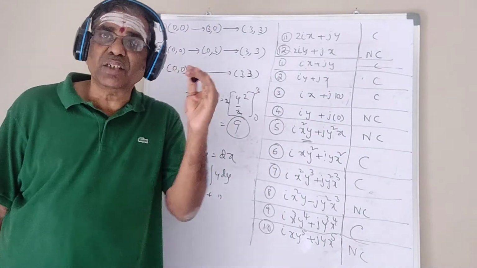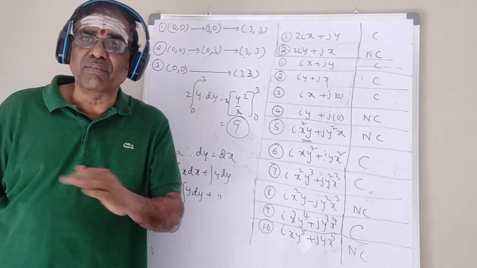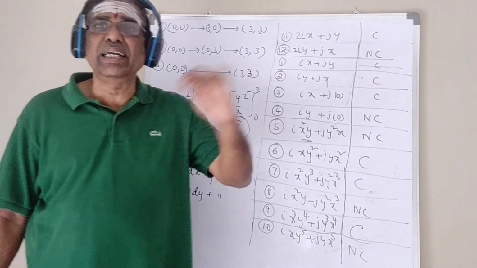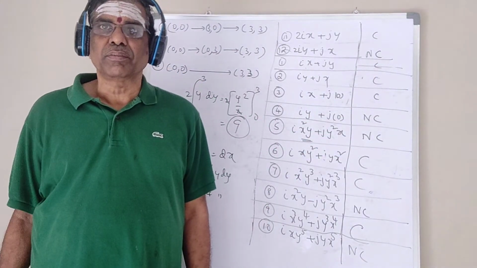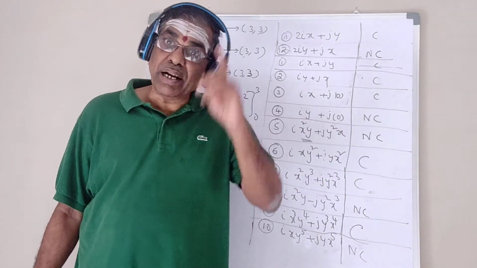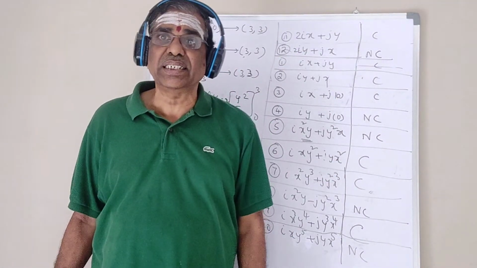The consequence of a conservative force is that the work done is path independent. It doesn't depend on the path at all. You choose any path, but your initial point and final point must be the same.